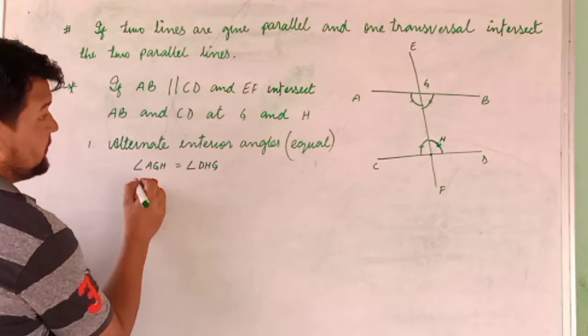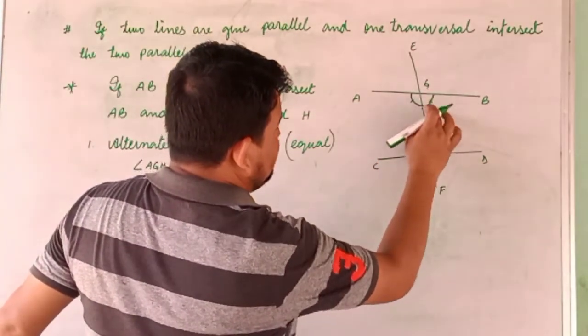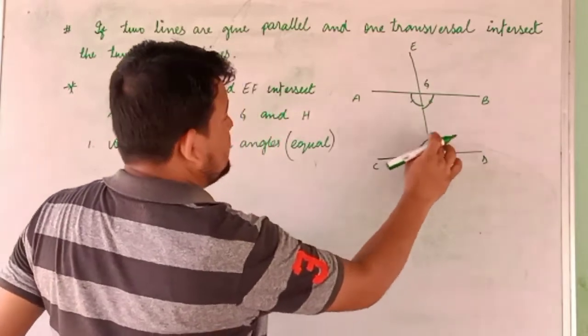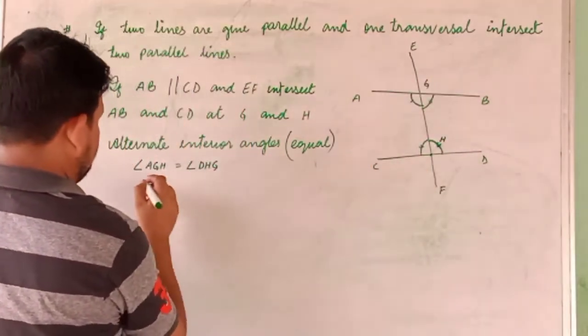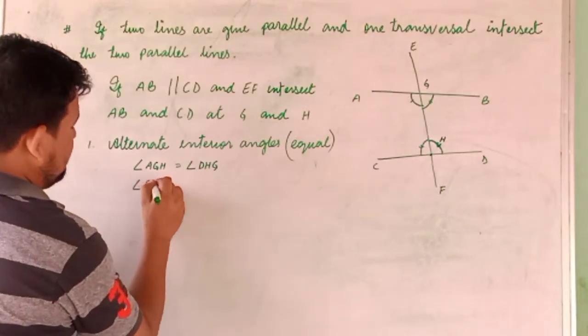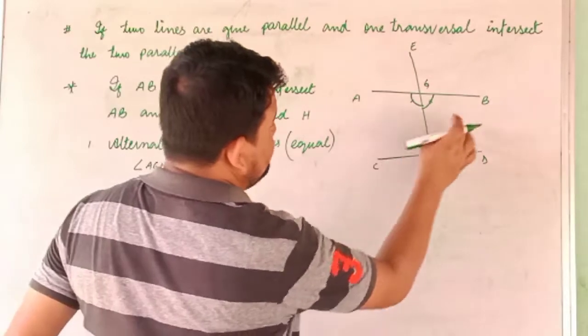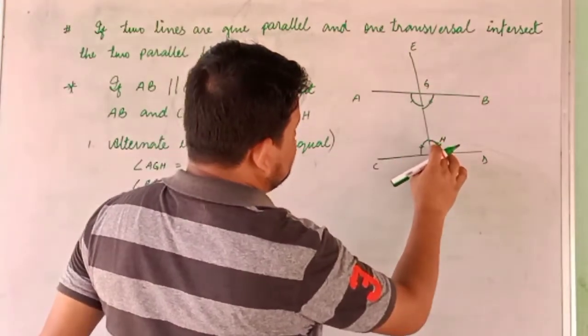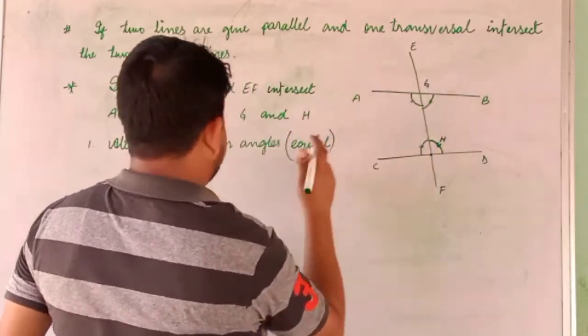Also this angle is an alternate angle to this angle, so these two angles are also equal: angle BGH is equal to angle CHG.